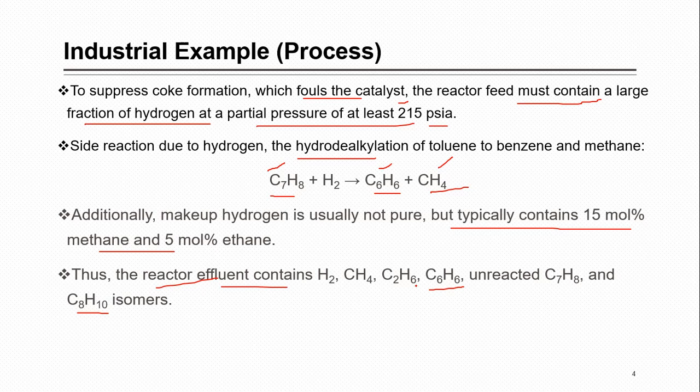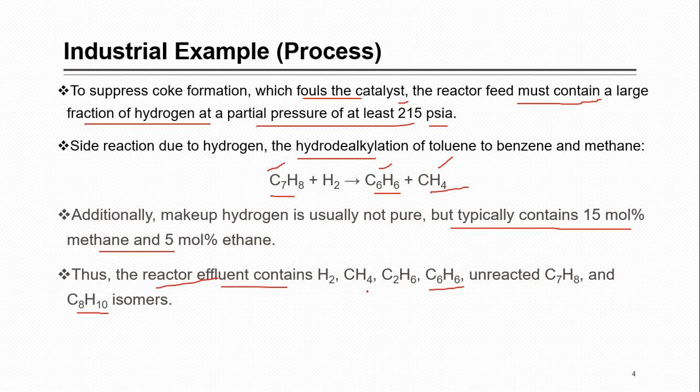At the end, when you look at the various products coming out of this reactor in the form of a gas effluent stream, we need to separate it, because we will be looking for benzene and xylene as our products, and unreacted toluene we will think about bringing back to the reactor. We also have to separate these gases.